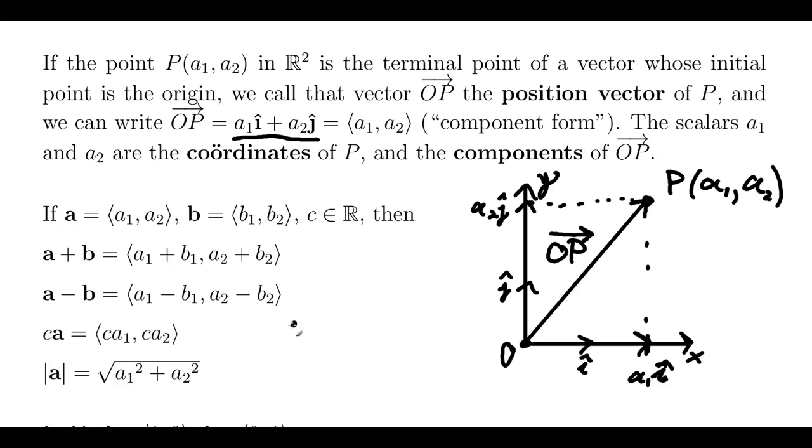Say we have a vector A and a vector B, and we want to add A plus B. Well, if A has components a1 and a2, and B has components b1 and b2, and c is any real number, then A plus B will be a vector whose first component is the sum of a1 and b1, as a1 tells you how far A goes left to right, b1 tells you how far B goes left to right, so the total amount you go left to right is a1 plus b1.